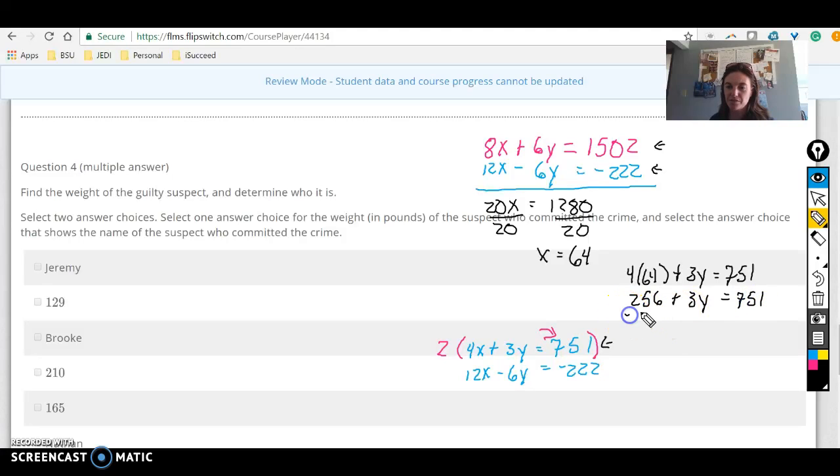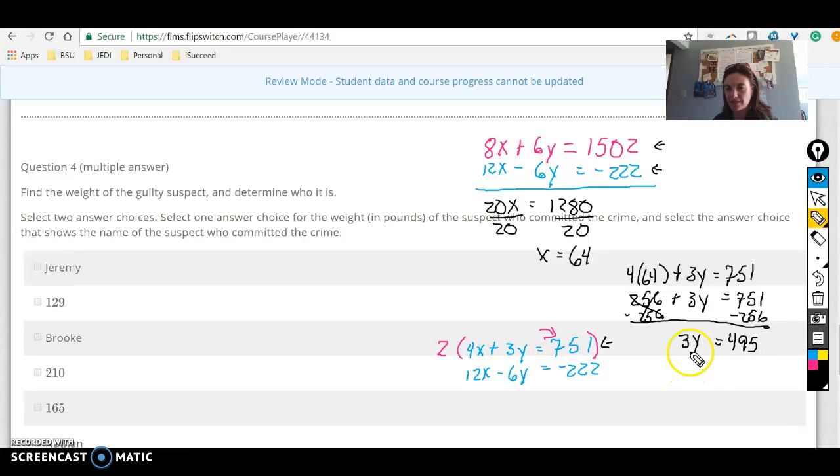If I subtract 256 from both sides, this goes to 0, I get 3y equals 495.